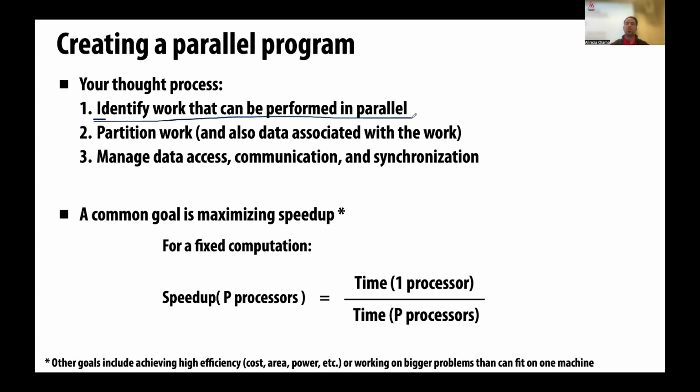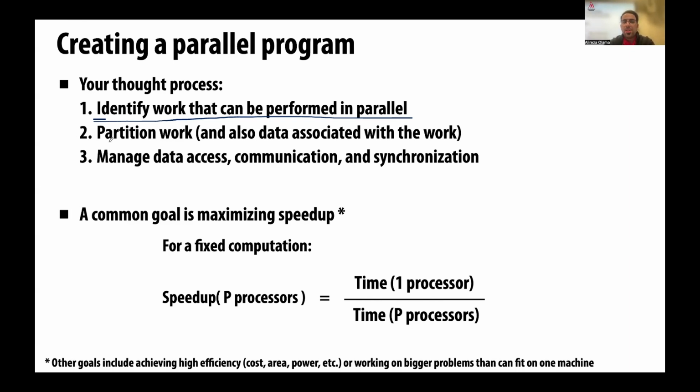So you have a problem that you want to solve, and you should be able to figure out how you can decompose your problem. What parts of this problem can be executed in parallel and what parts cannot be executed in parallel, right? And here you should discover the dependencies. We will talk about that in more detail in the next slides.